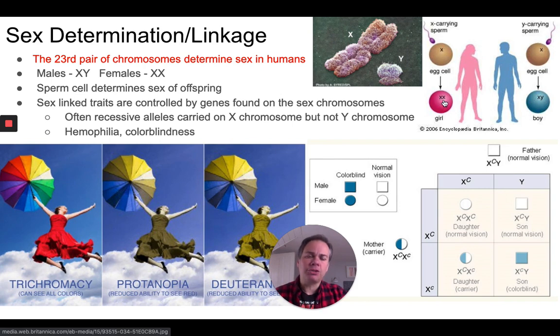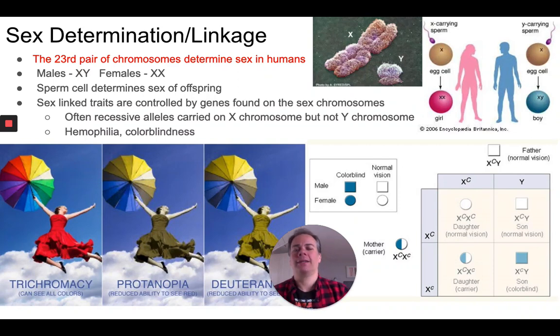Females, because they have two X chromosomes, have to inherit two of those recessive alleles to exhibit the trait. So it's more common for males to inherit these sex-linked characteristics. Examples are hemophilia and colorblindness. These are sex-linked traits.